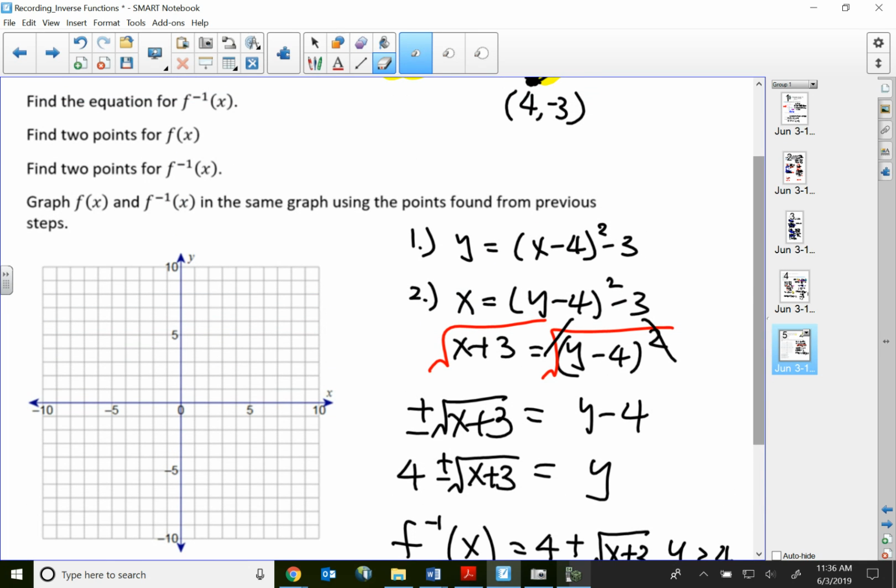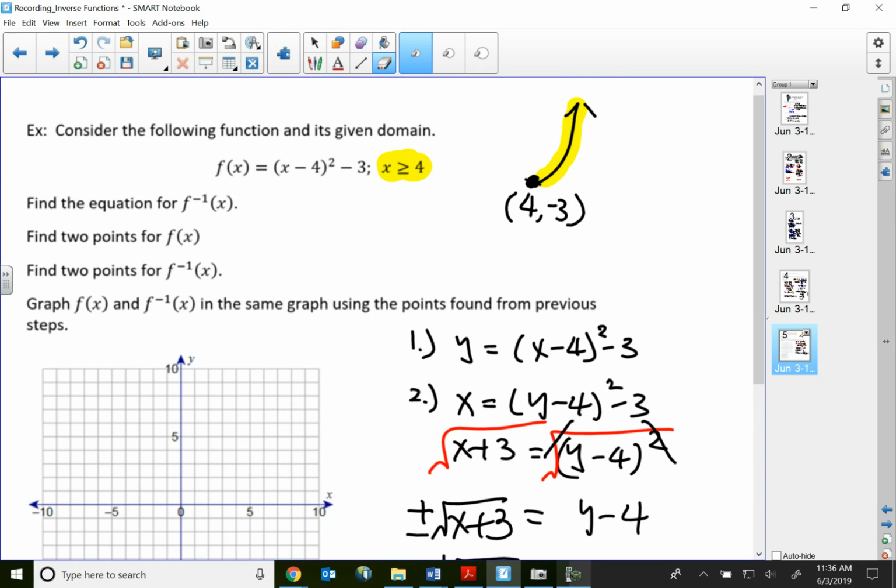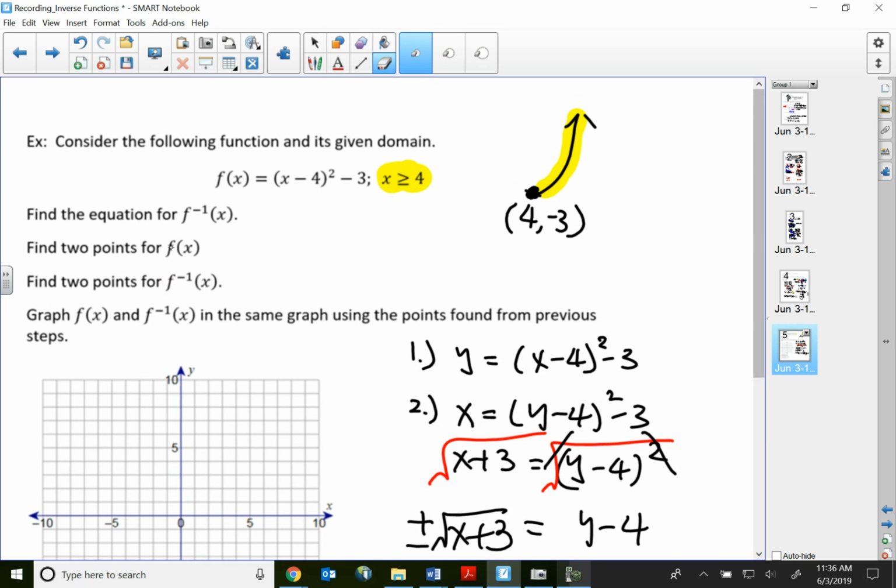All right. So as far as finding 2 points, I kind of already got one, which is my vertex earlier, my starting point. So I can say 4, -3. Okay, let's just pick another number to the right of it. Let me just pick 6.